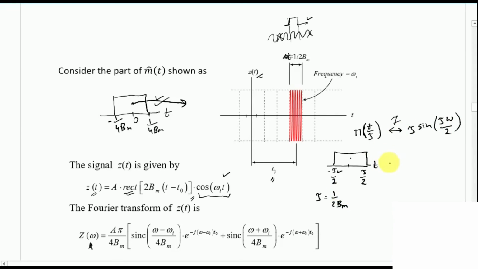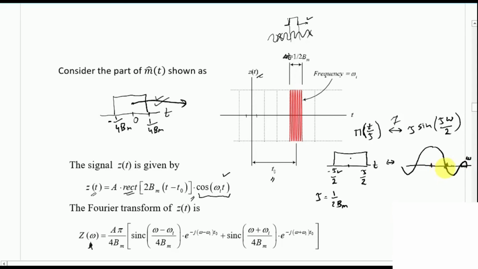So this would mean that we have a sinc function in omega, like that.